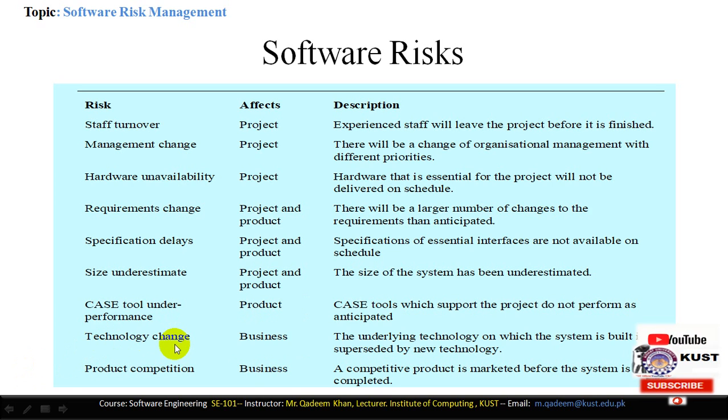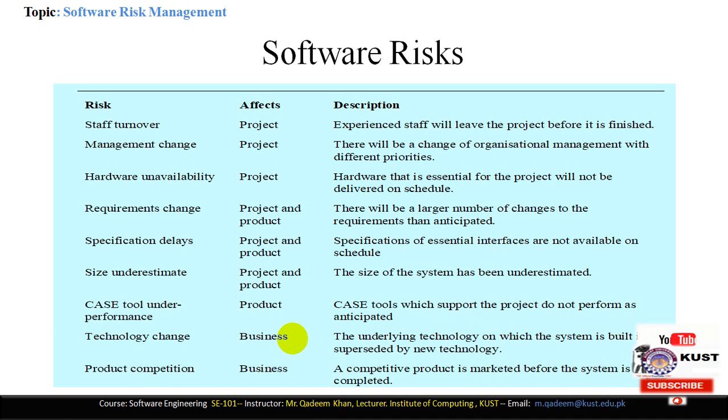Technology change. If the technology suddenly changes, that means the development technology under which we are developing the product changes, then it is a business risk. Business means that it affects the business of the organization. So we require new technology. In this way, we have to train our employees according to the new technology, as the technology has suddenly changed. So that is the business problem, and we need another budget or a lot of money for buying the new technology.